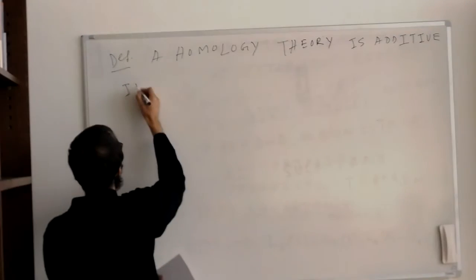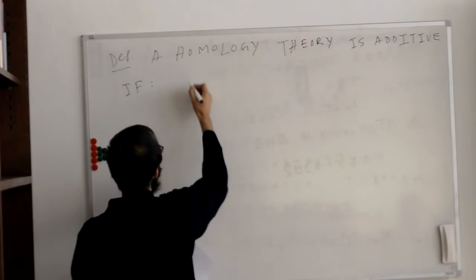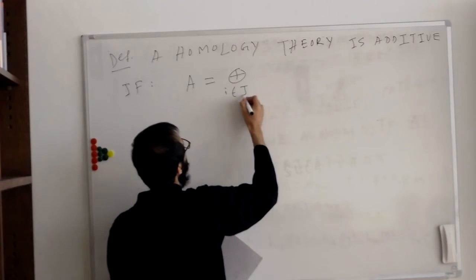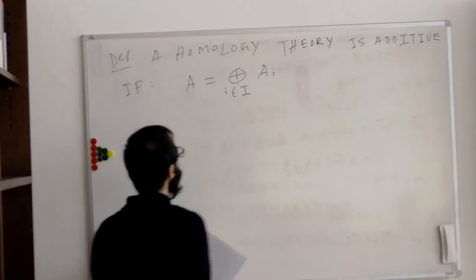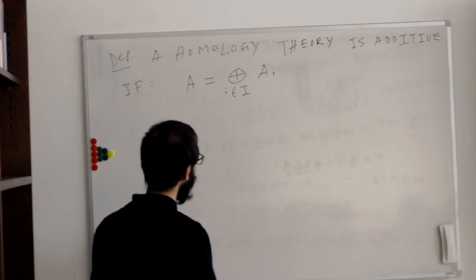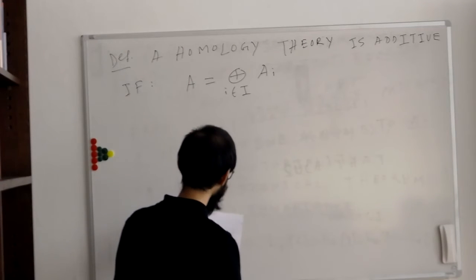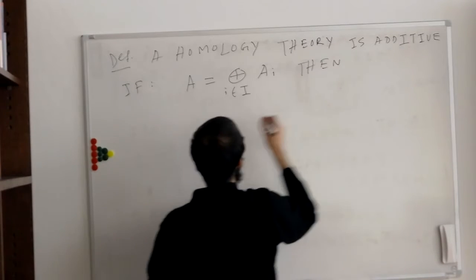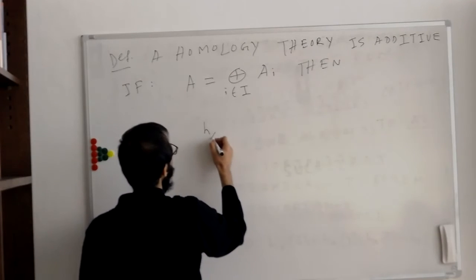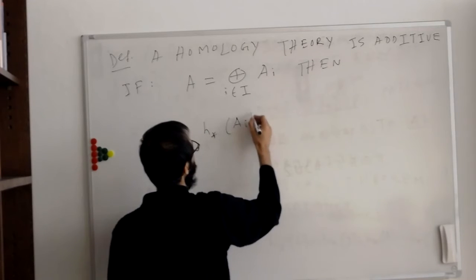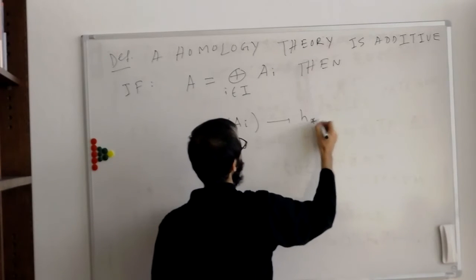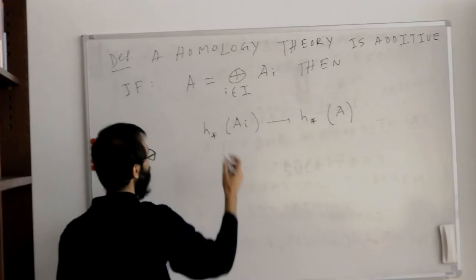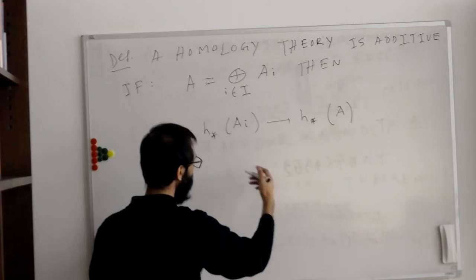Additive is: suppose A is a direct sum of A_i for some indexing set I. Then there are natural maps. For each i there is an inclusion of A_i inside A. These are the induced maps.